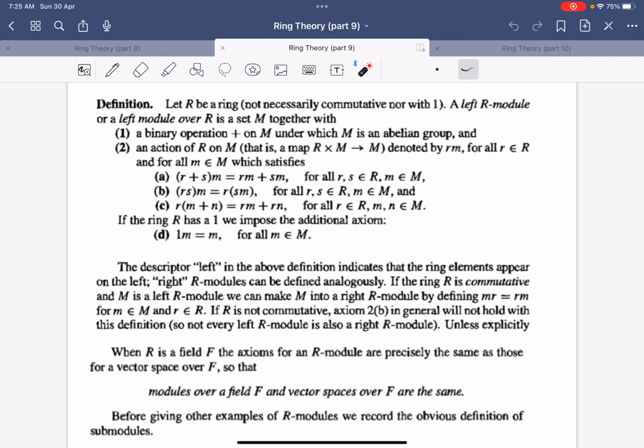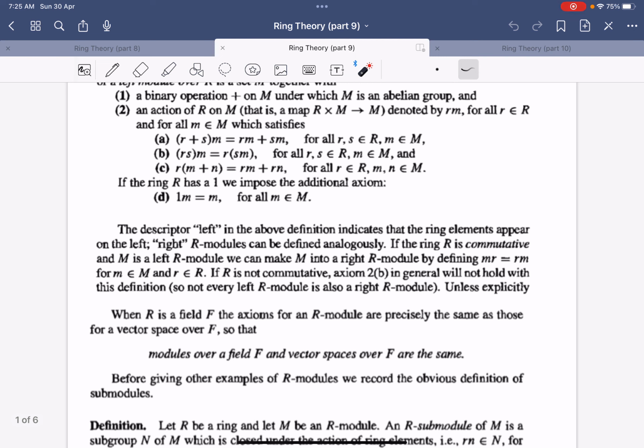If R is not commutative, then in general axiom 2b will not hold, and you can check it out yourself.